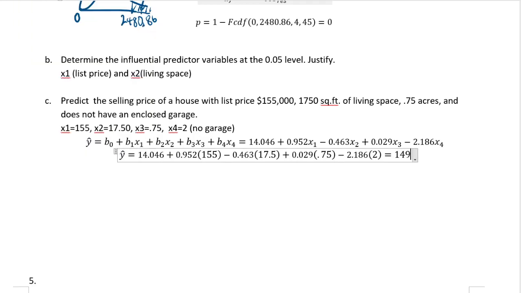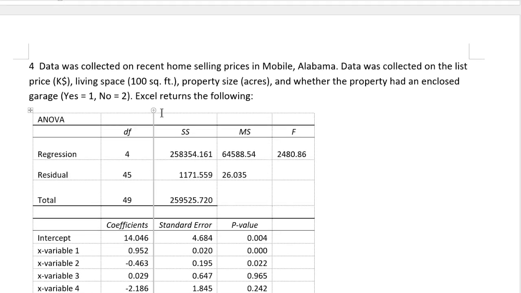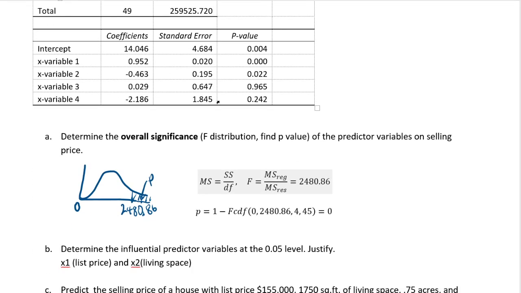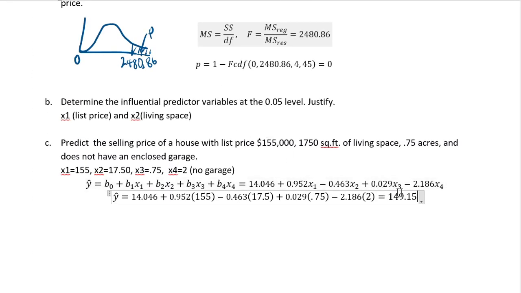It equals 149.15, and that's it. I guess it didn't really say what the units are, but I guess this should be kilo, $149,000 or something. But since the question didn't give us the units, we should just leave it as it is.